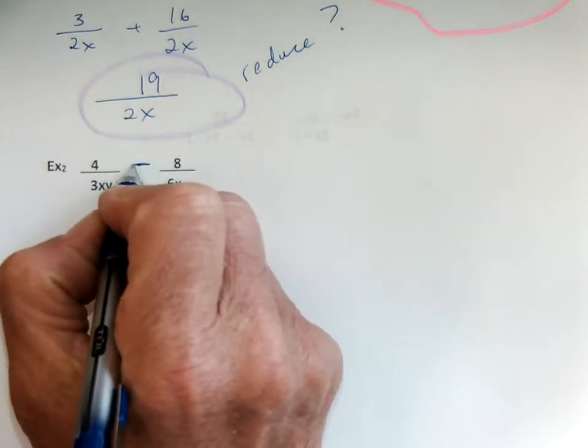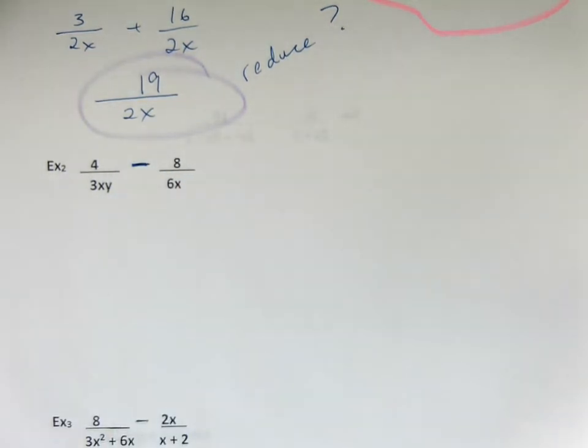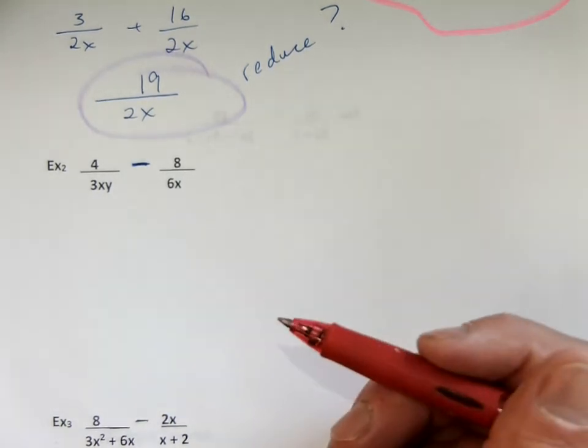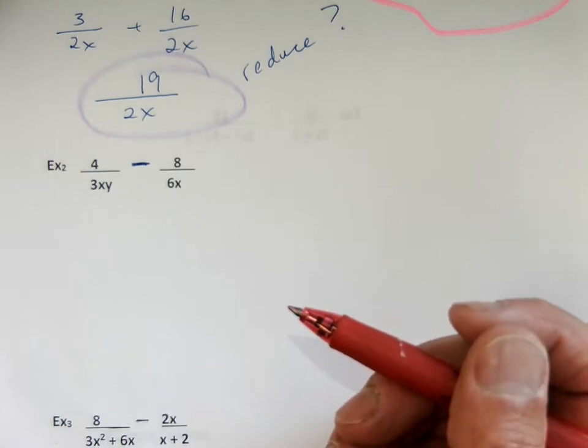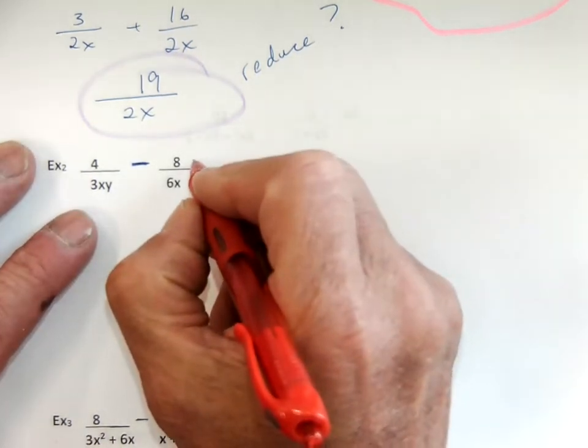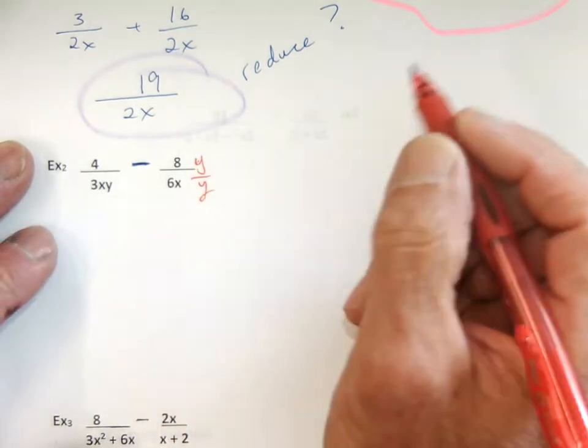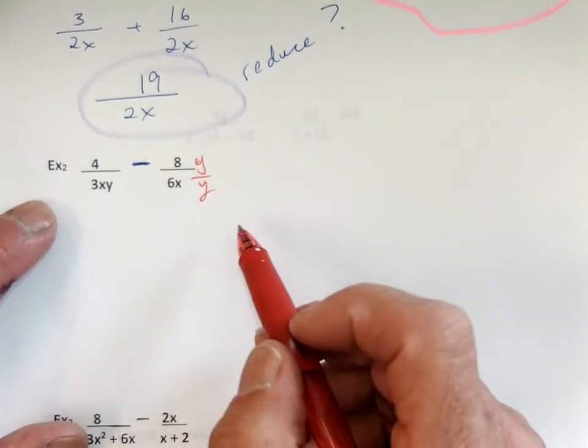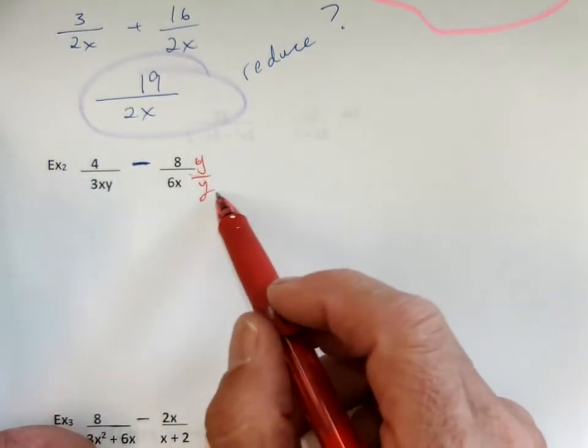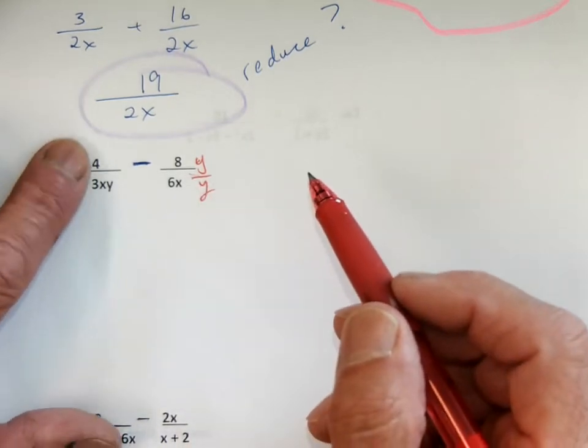Okay, that is a subtraction, just a little itty bit of subtraction. I need a common denominator, right? Multiply this one by y over y. That makes it a 6xy. Y is correct. Now what do we need over here?